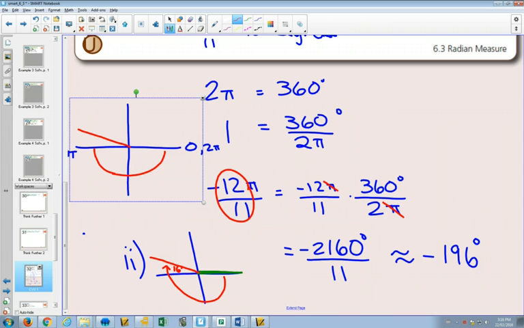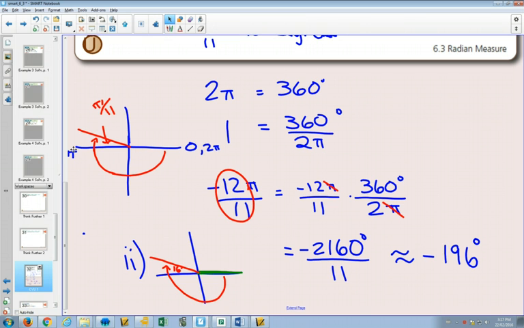Maybe a little big? And this angle right here would be pi over 11. Can you see that? Little part would have to be pi over 11, because this would be 11 pi over 11 up to there, because that's 1 pi. And we have to go 1 pi over 11 further. So we could sketch this even if we didn't change it to degrees first.